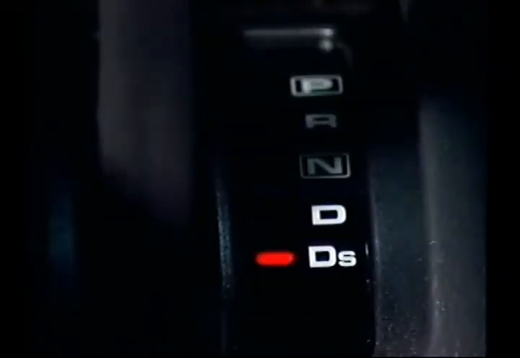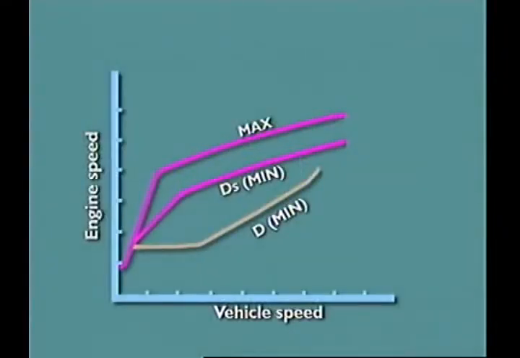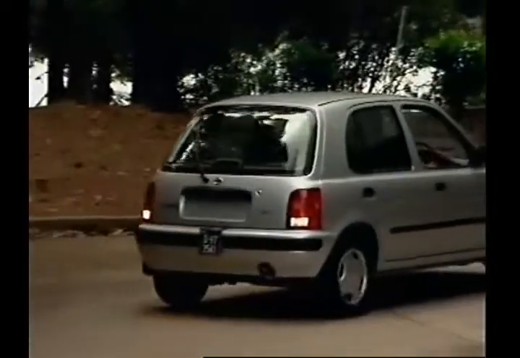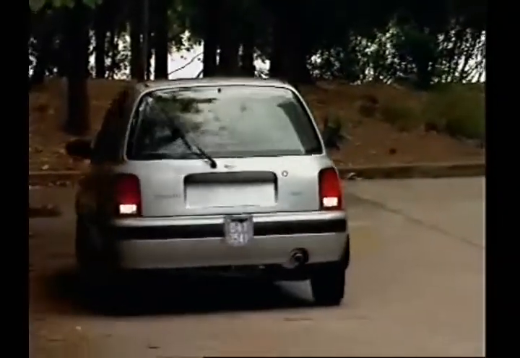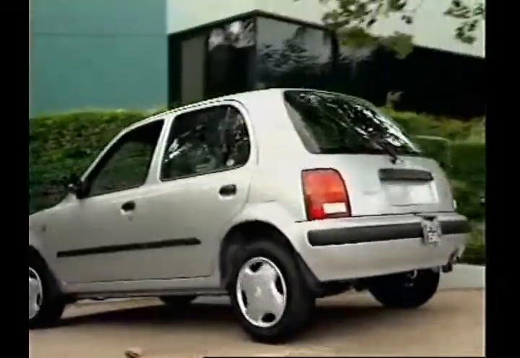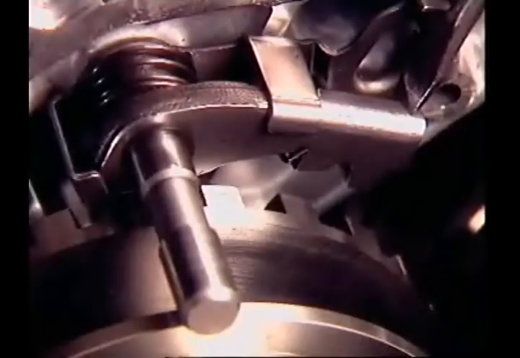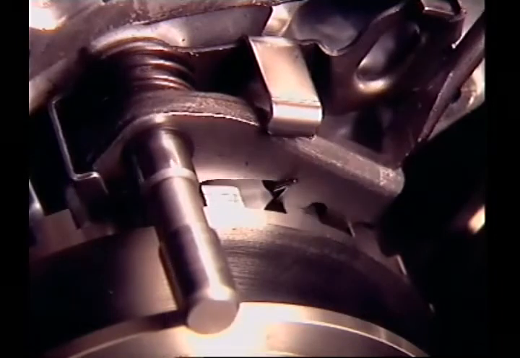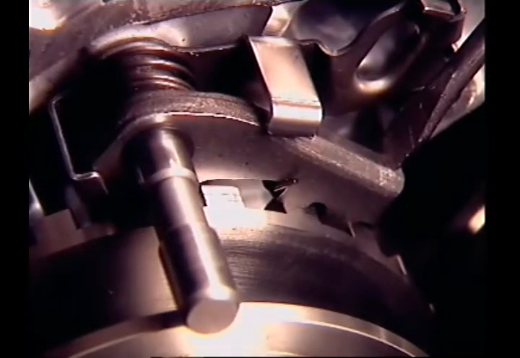In the DS position, ratio changes can occur only in the higher zone of the speed change region. In reverse, the pulleys are locked in a low ratio position. No speed ratio changes take place. In park, the secondary pulley is mechanically locked to the transmission case.